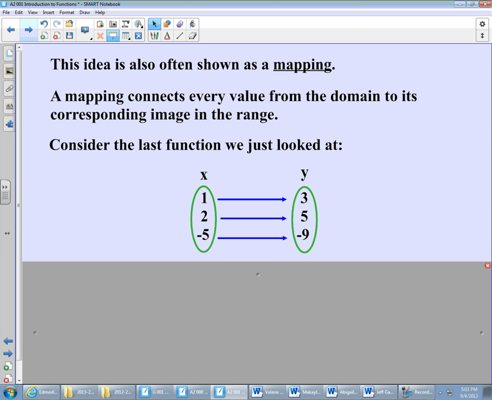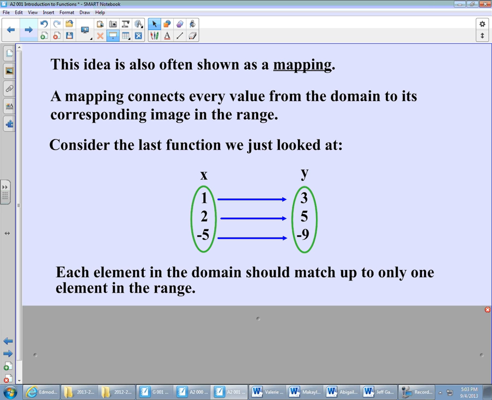This is what a mapping looks like. It shows the two different sets, the independent variable x, the dependent variable y. The ovals are part of the mapping as well, and a mapping will draw lines from one set to the other to show how data connects from the function to the image. Each element in the domain should match up to only one element in the range.